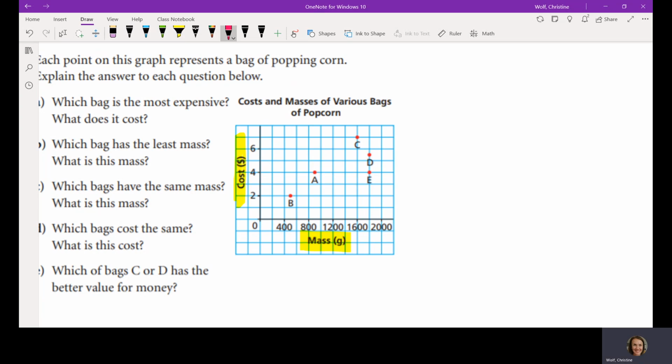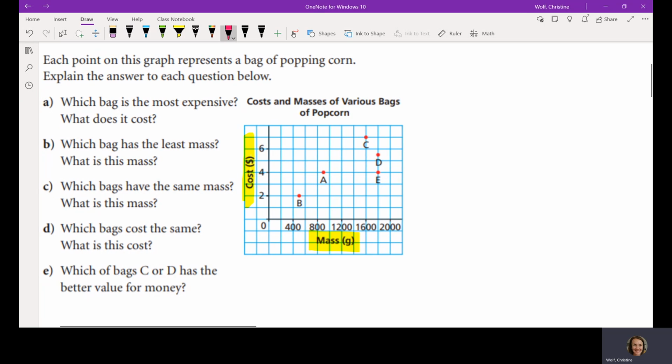If we want to find the bag that's the most expensive, that's cost, right? That's dollars. We would look at the point that's highest. This one right here is the highest point on the graph, which means it has the highest cost. If we look over, we can see that it lines up with this blue line. If we have to fill in the blanks here, we can see that every tick is worth 1.